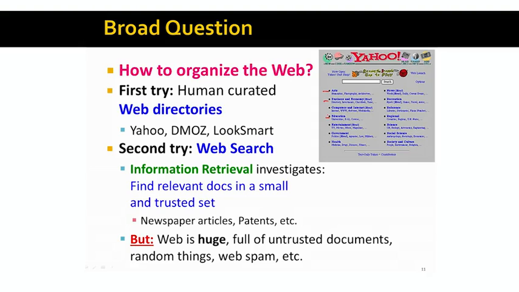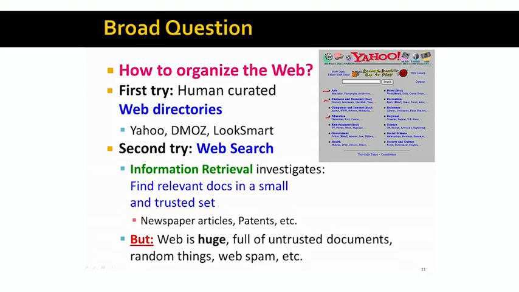However, traditionally, the information retrieval field was interested in finding these documents in relatively small collections of trusted documents. So, for example, newspaper collections or patent collections and so on. However, the web is very different. The difference is first that the web is huge.